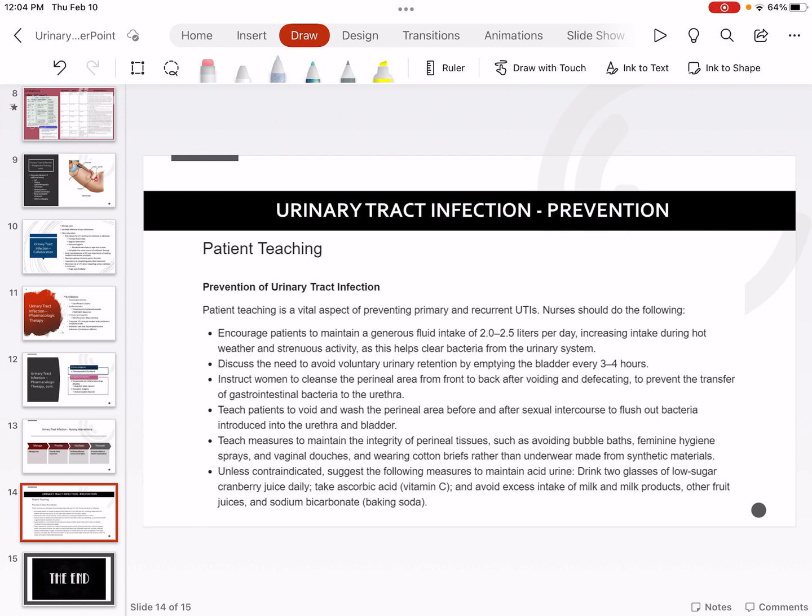A normal side effect is that it causes their urine color to become bright orange. So if you don't tell your client about that, they're probably going to be pretty concerned when they see that happening. And this medication should be discontinued when pain or discomfort has resolved.